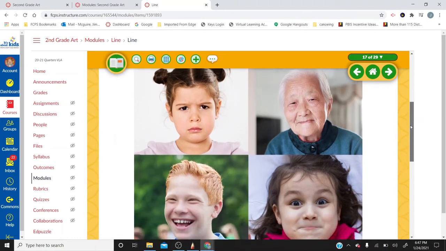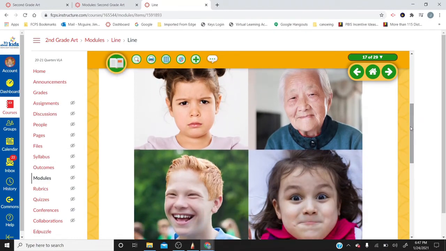When we look at the faces here, you can see the expression on the young lady's face in the top left is a little angry or grumpy. Maybe she's a little upset. We can tell because of the lines that make her eyebrow and the top of her eye, and the way that they sink down a little bit in the front.